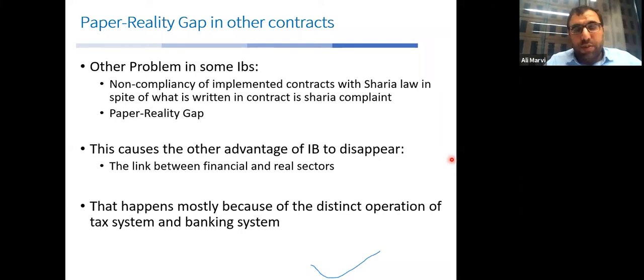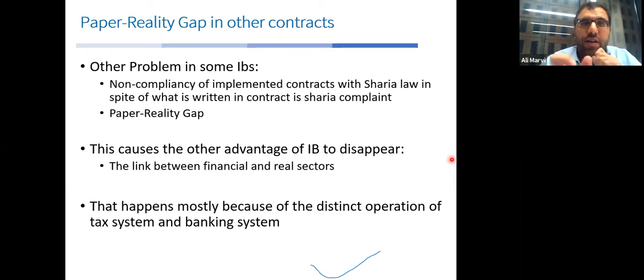But it might be the case that in the paper contract, what is written refers to the purchase of a special good or service, but in practice the borrower will actually buy some other goods, not what is referred to in the written contract.